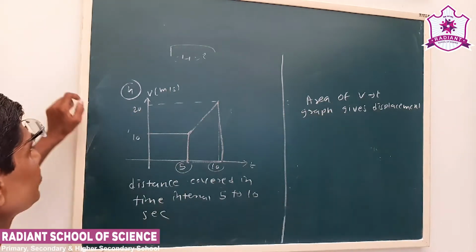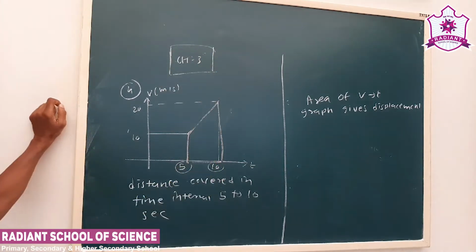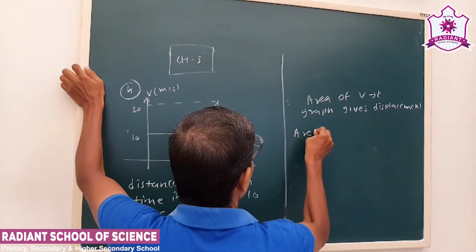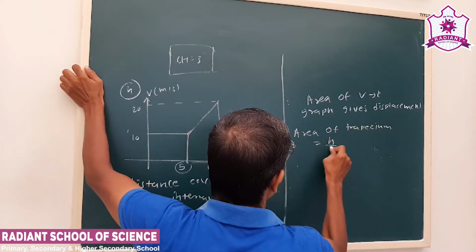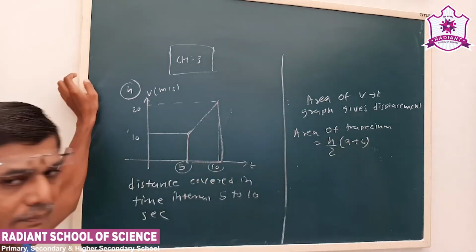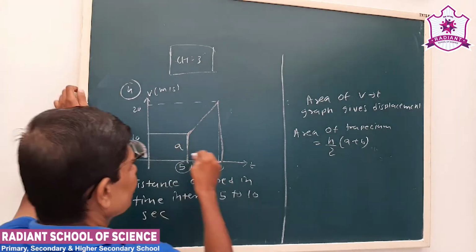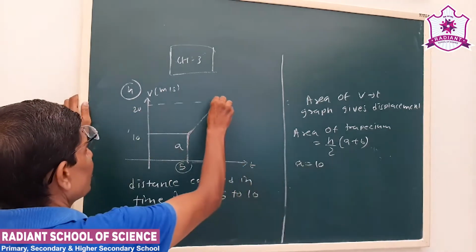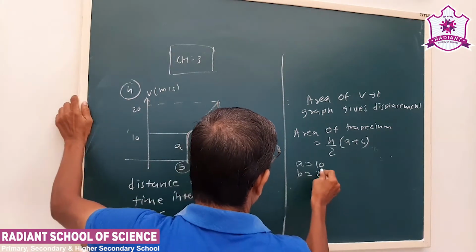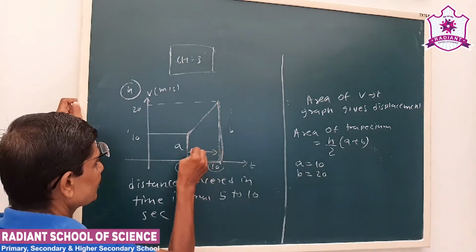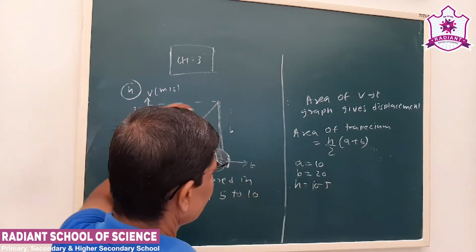Now what is the formula for the area of the trapezium? It is h by 2 times the sum of the parallel sides. So here one parallel side, let us say A, is 10, and the other parallel side, B, is 20. What is the perpendicular distance? That is h here, 10 minus 5.